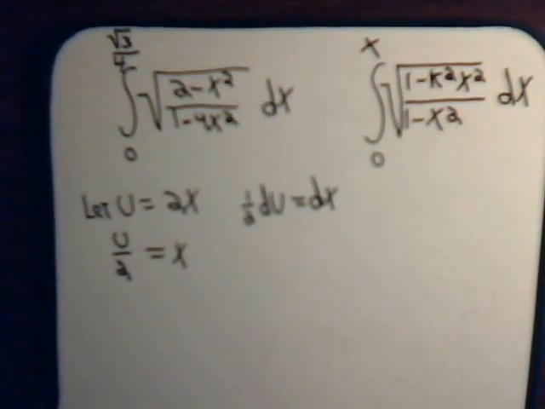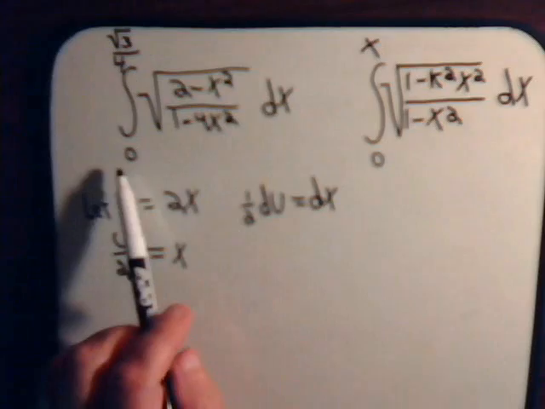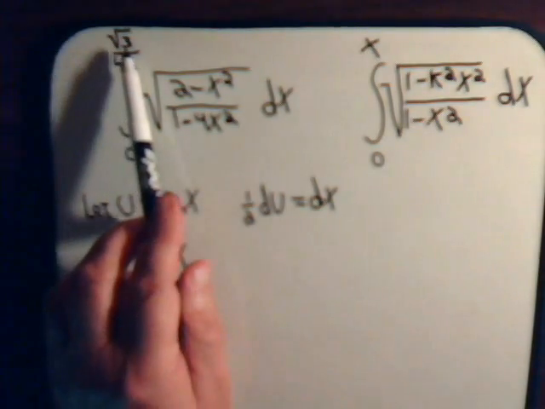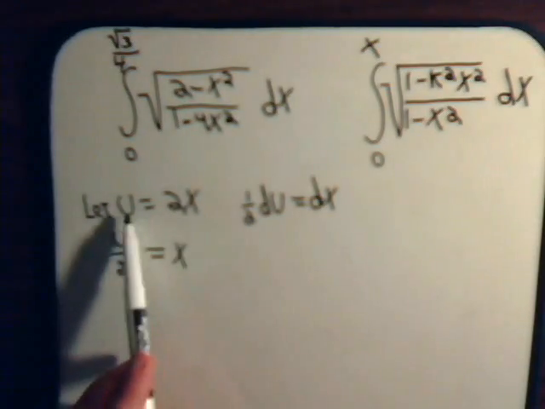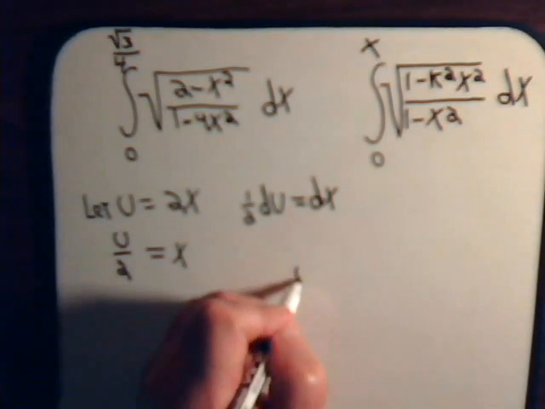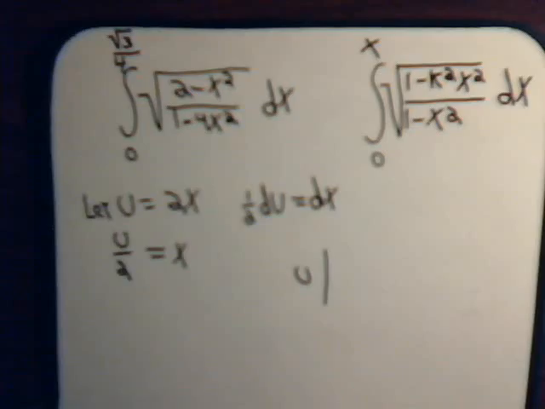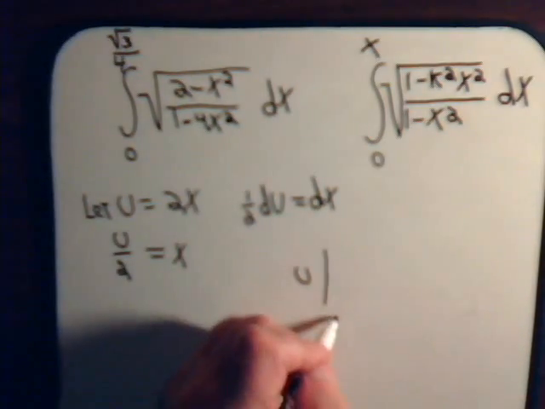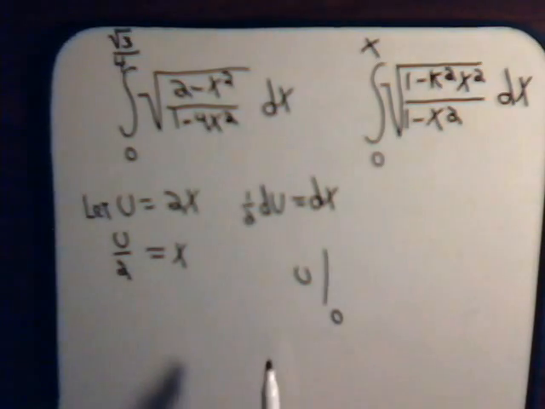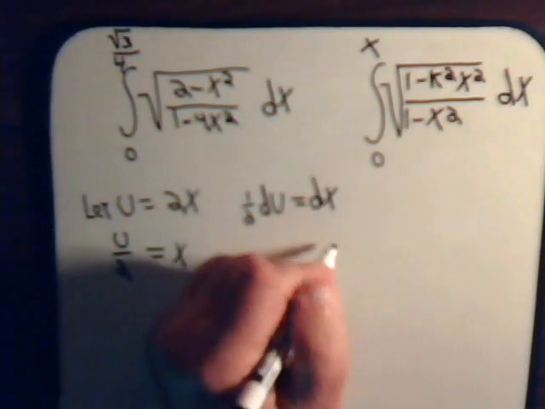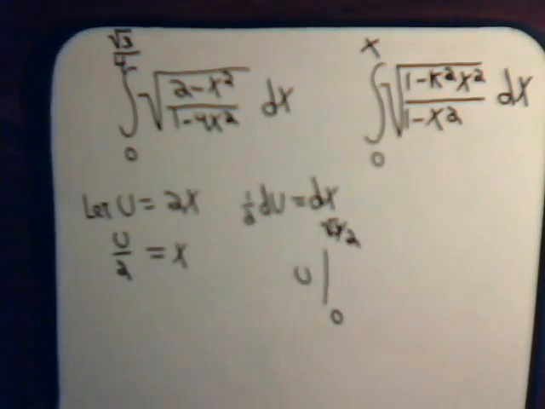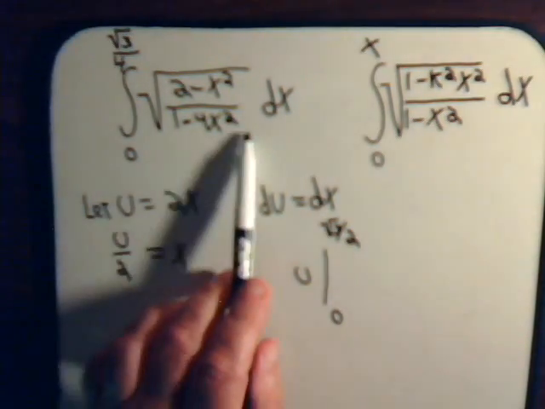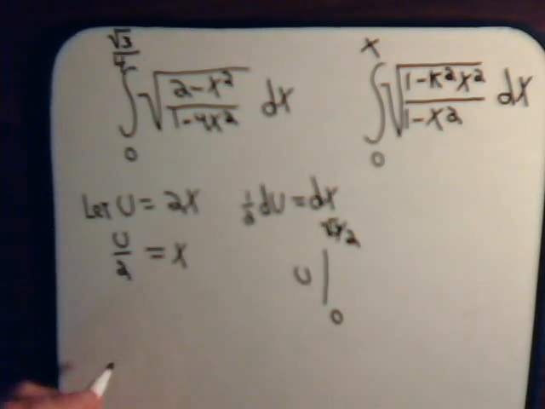Now the limits here, x goes from 0 to the square root of 3 over 4. This is our substitution. So u, if x is 0, u is 0. And if x is the square root of 3 over 4, then u will be the square root of 3 over 2. So let's put these substitutions into the integral.